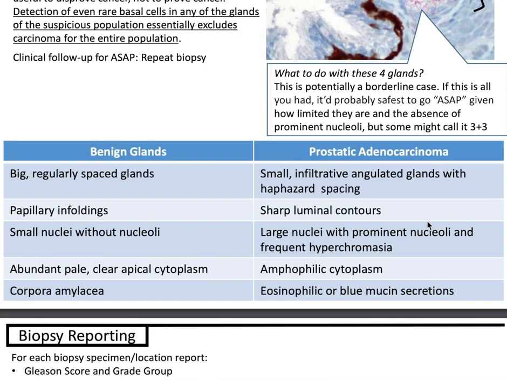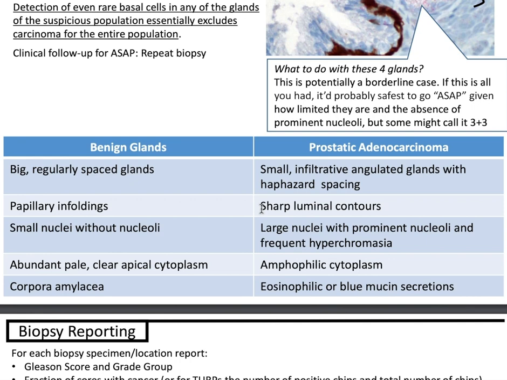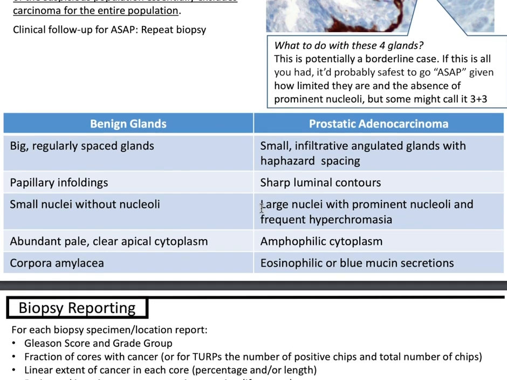So in comparison, benign glands will be big, regularly spaced glands with papillary infolding, small nuclei without nucleoli, abundant pale, clear apical cytoplasm, and corpora amylacea. Whereas in cancer, you'll have small, infiltrative, angulated glands with haphazard spacing, sharp luminal cookie-cutter contours, large nuclei with prominent nucleoli, and frequent hyperchromasia, amphophilic, eosinophilic, or blue mucin secretions.